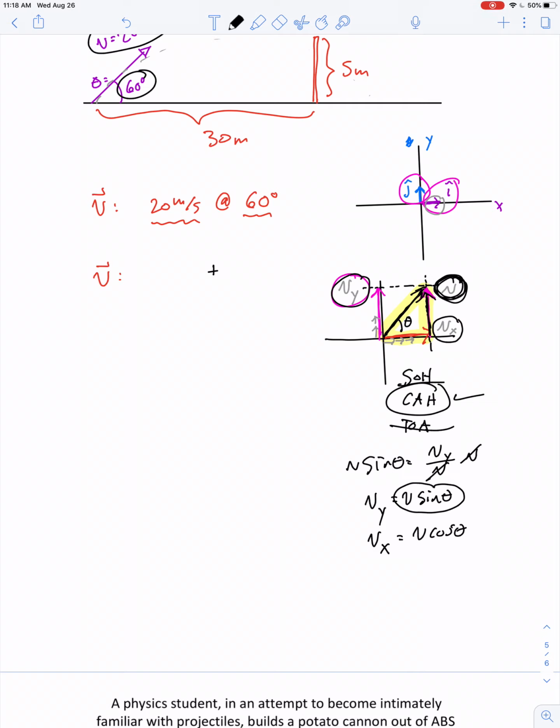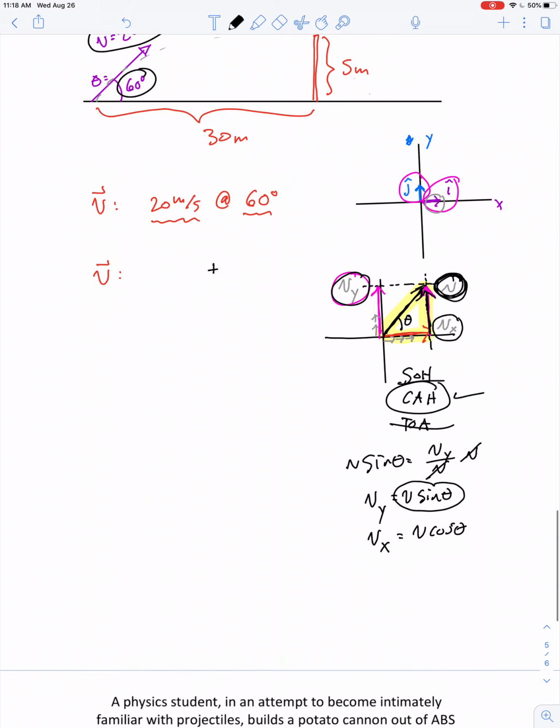And then if I were to multiply that times the vector i hat, that's really the same as just multiplying by 1. Okay, and multiplying by 1 doesn't change the magnitude of your result, but because I'm multiplying it by a quantity that has a direction to it, I'm turning the component itself into a vector.